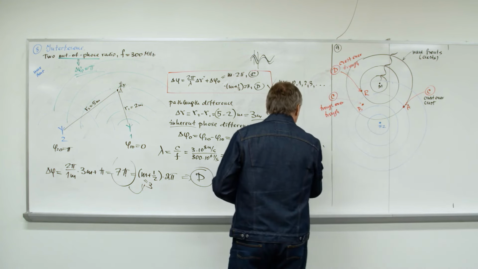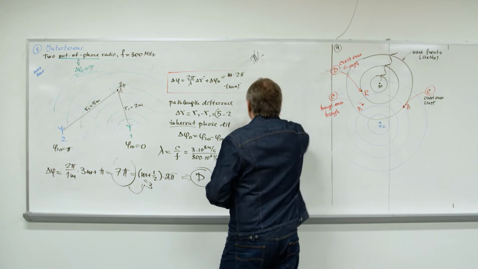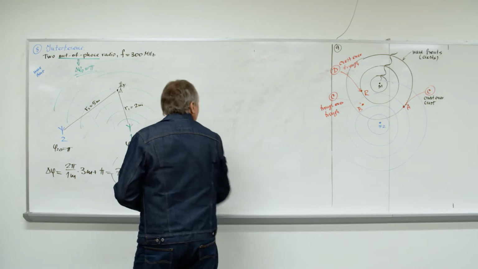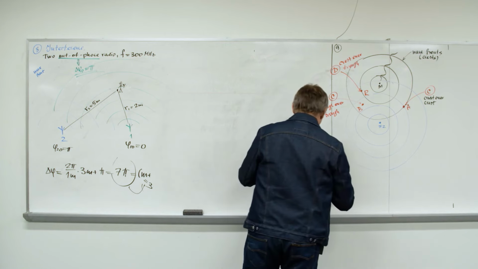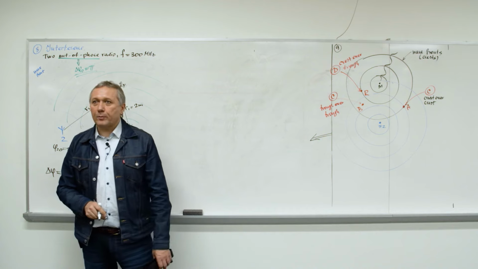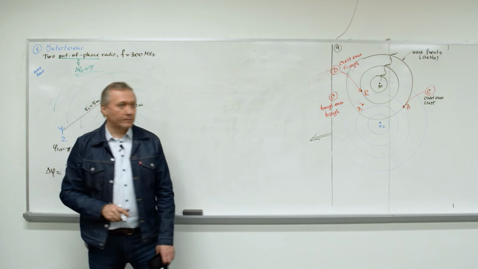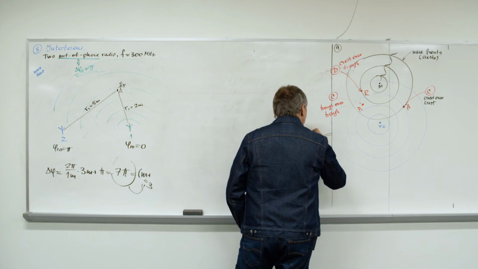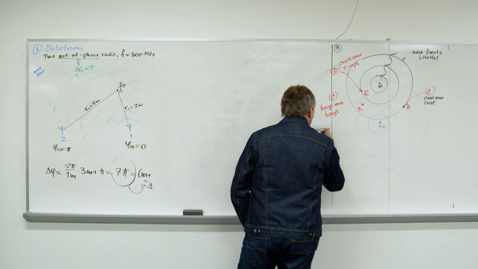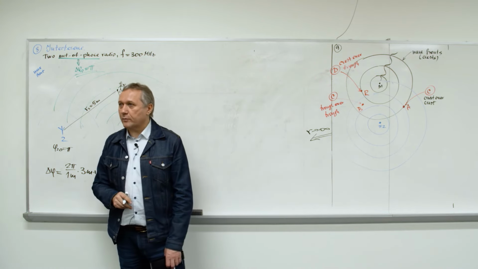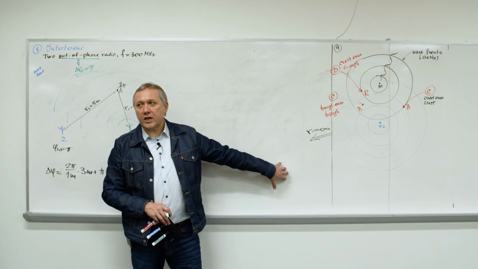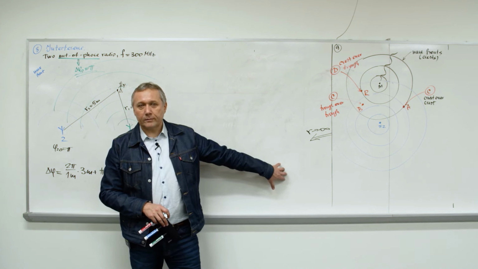Okay, so now next situation. No, I have to erase it. Okay, so now what if you take this, for example, blue wave, and let it propagate to infinity? So what if R goes to infinity? R is a distance from the source. Which wavefronts of which shape are you going to observe?